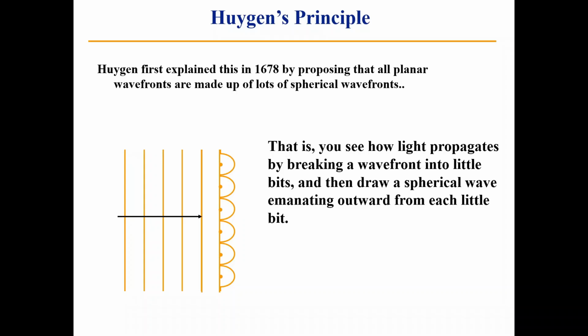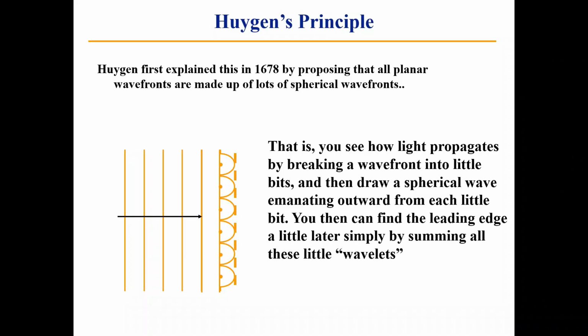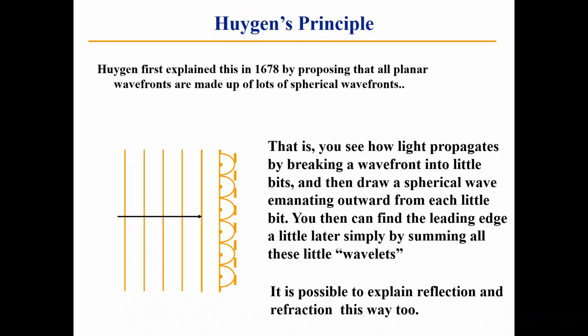And as it emanates and progresses, you're going to get more and more spread on that. What you are actually seeing is the leading edge of all of those little bits, which he called wavelets. So you can find that edge by adding them all up.